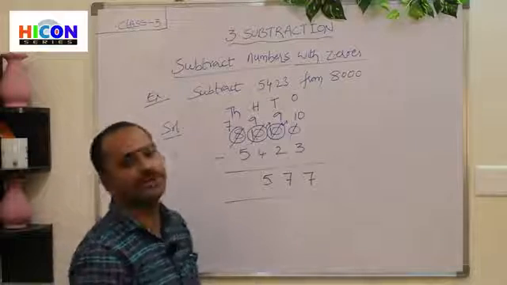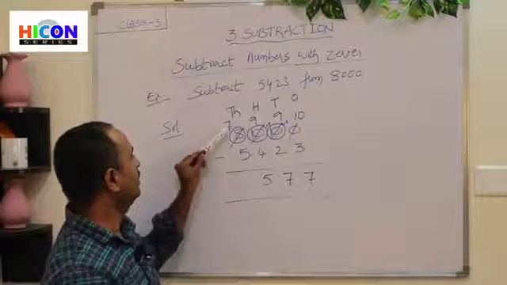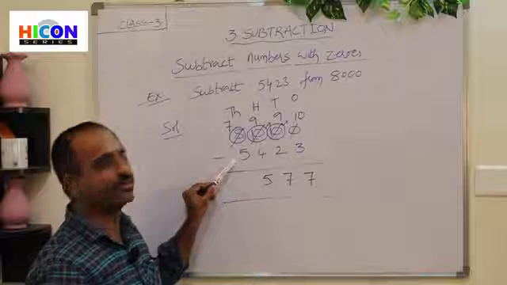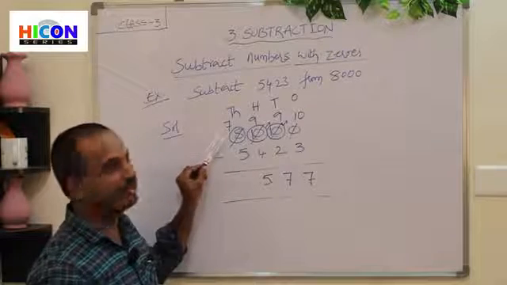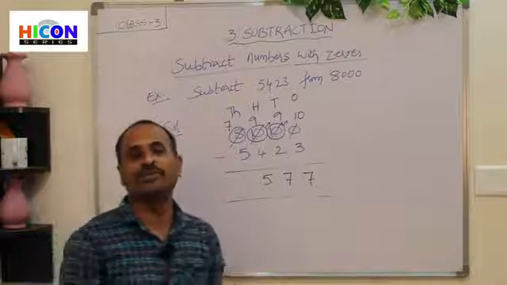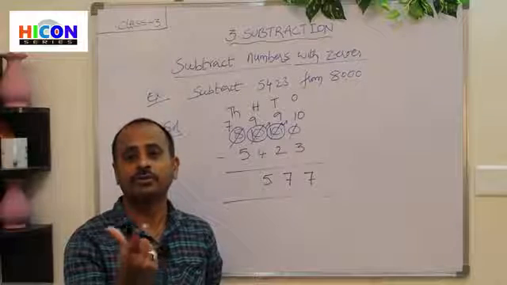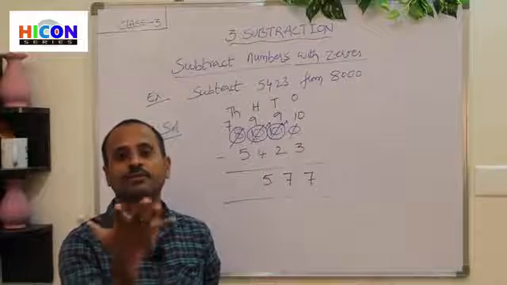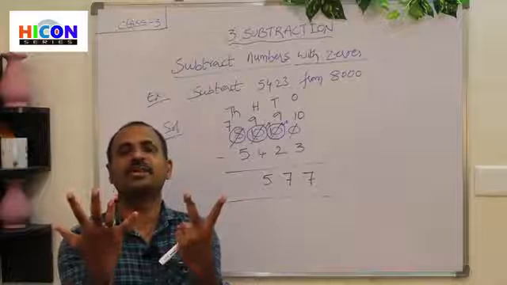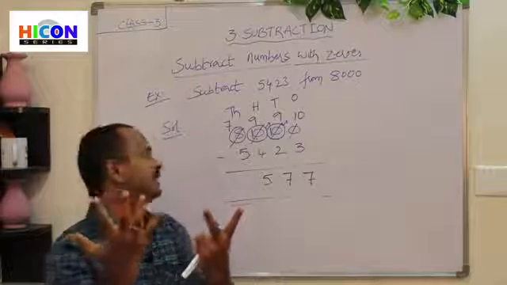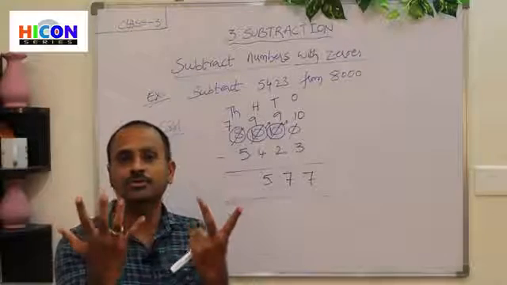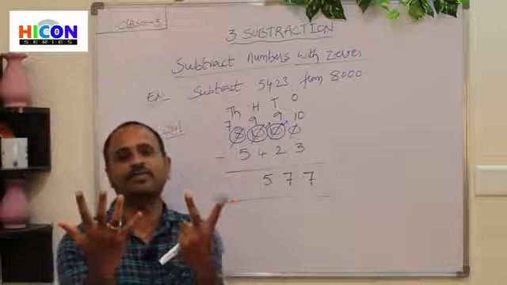Next go to thousands place. So 7 and 5 are present in thousands place. So what is the first number here? 7. So open 7 fingers of your hand. 1, 2, 3, 4, 5, 6, 7. These are the 7 fingers. So next what is the second number? 5. So close 5 fingers among these 7 fingers.